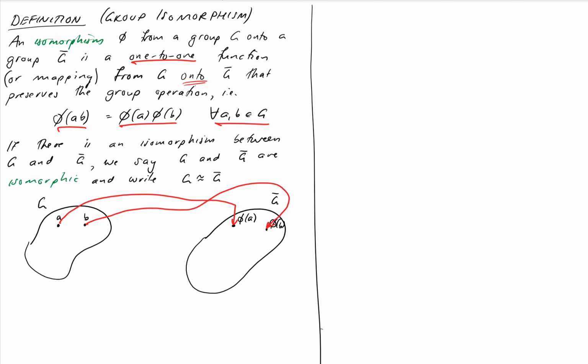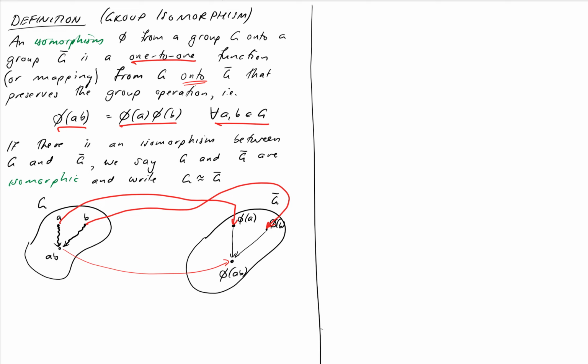Now what the group preservation part says is that if I compose a and b together here first to get a new point, which will be ab, and map that through phi, so here I'll have phi of ab, then I'll get the same thing as if I take phi of a and phi of b and compose them together.